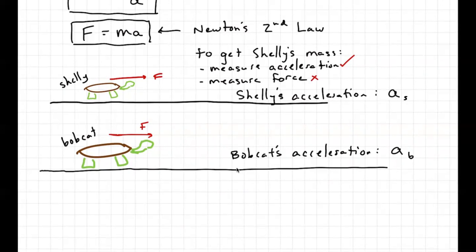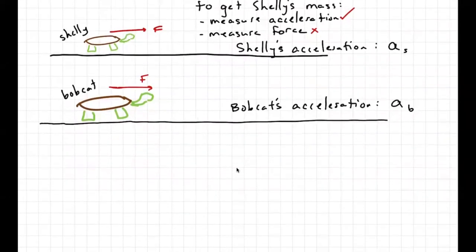And so let's compare this quantitatively a little bit. What we do know is if we take this expression, F equals ma, that's saying that if I apply a force, that's going to be equal to the mass of the turtle times the acceleration of the turtle. And that's going to be the same thing for both turtles because I'm applying the same force to both turtles in my example. Then the force is equal to the mass of Shelley times Shelley's acceleration, but it's also equal to the mass of Bobcat times Bobcat's acceleration.